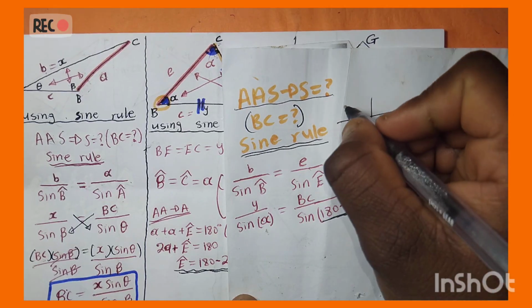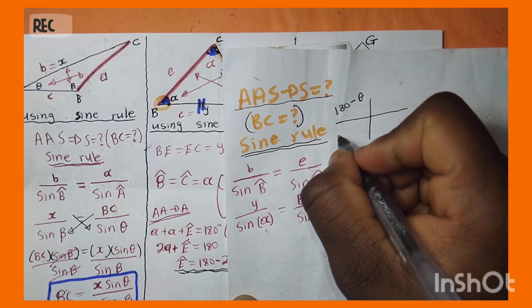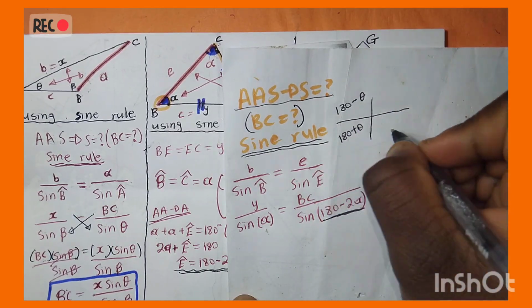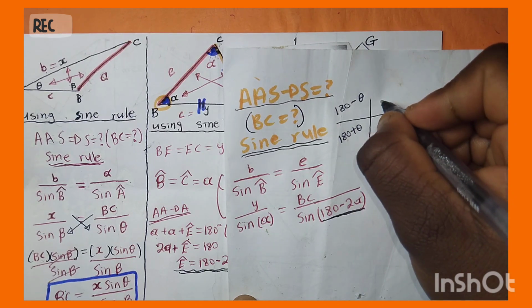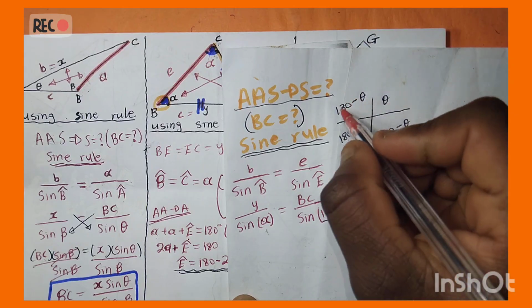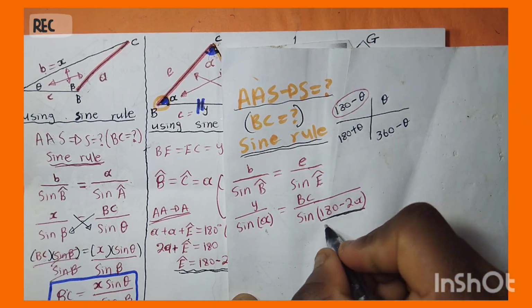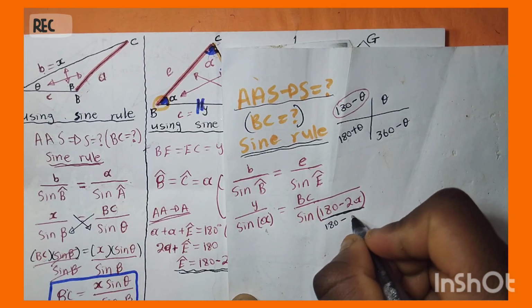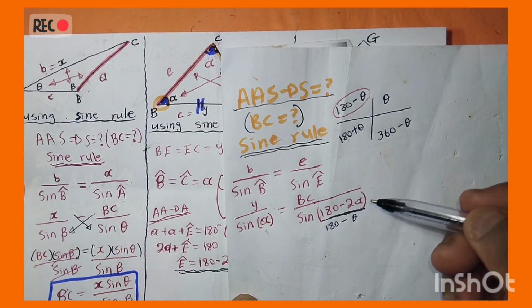Here it's 180 plus, that's 360 subtract this. If you take a look, guys, this is the same as this one; they represent the same thing.